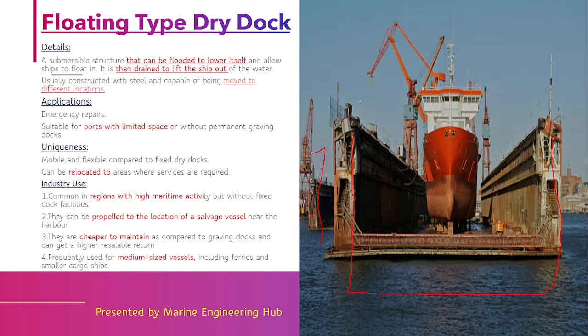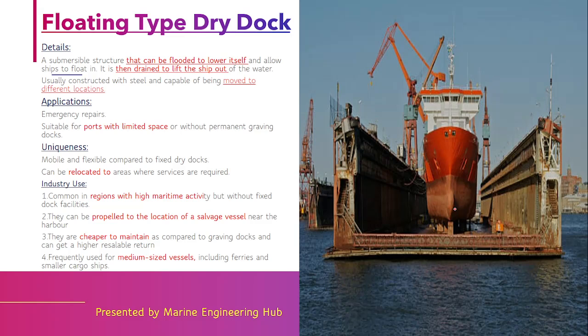How it is getting raised is by pumping its water out, closing the dock gate, and once the water is out it will get up and the ship will sit on this block. So it is a type of submersible structure which can lower itself. It is the only type of dock which can lower itself, and it will float in and then drain to lift the ship out.